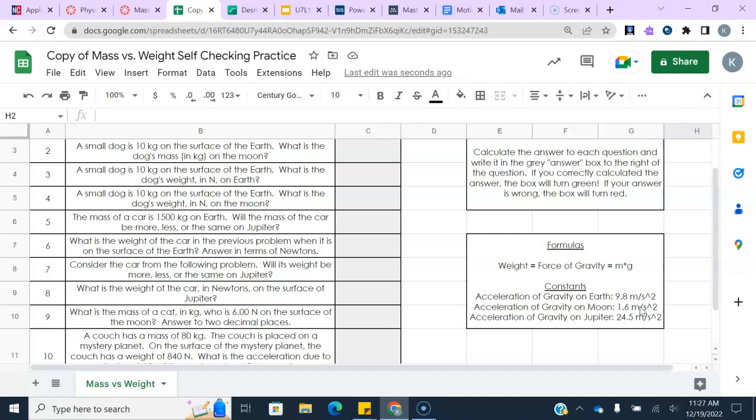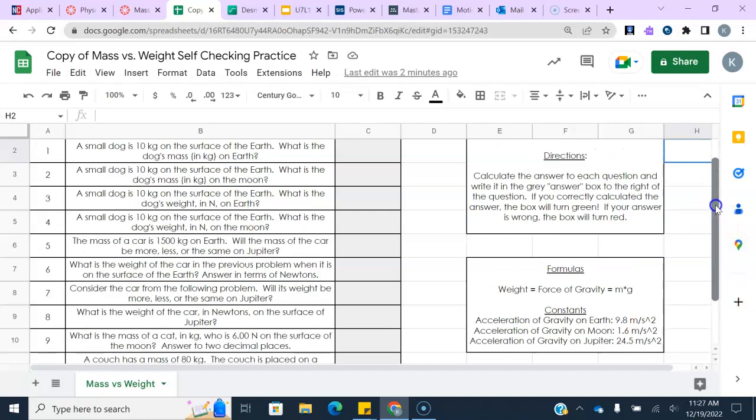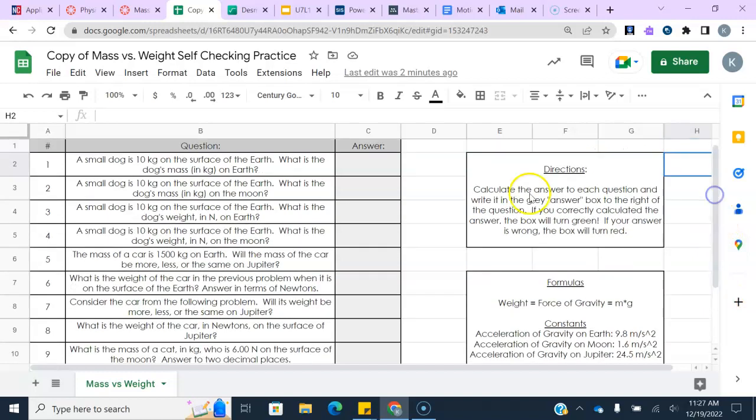So it's a 3 variable problem in every single one, and we're just going to type them in and solve for each problem. So the first 2 problems, please do not let those trip you up. Number 1 says a small dog is 10 kilograms on the surface of the earth. What is the dog's mass in kilograms on Earth?